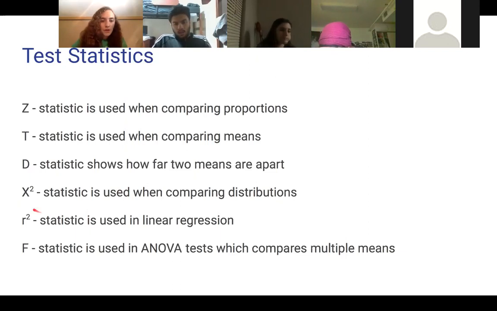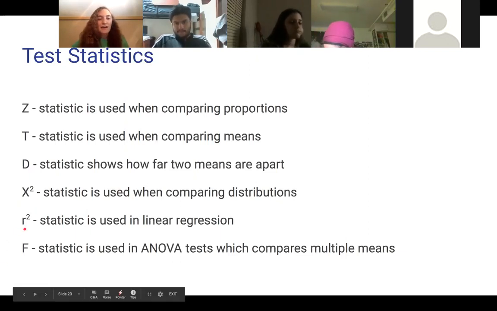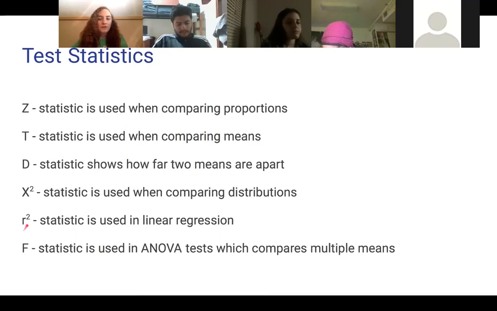R squared, and there's also beta and all this, all refer to linear regression. Basically, they have a line and they ask how well our sample points fit to our line of fit.